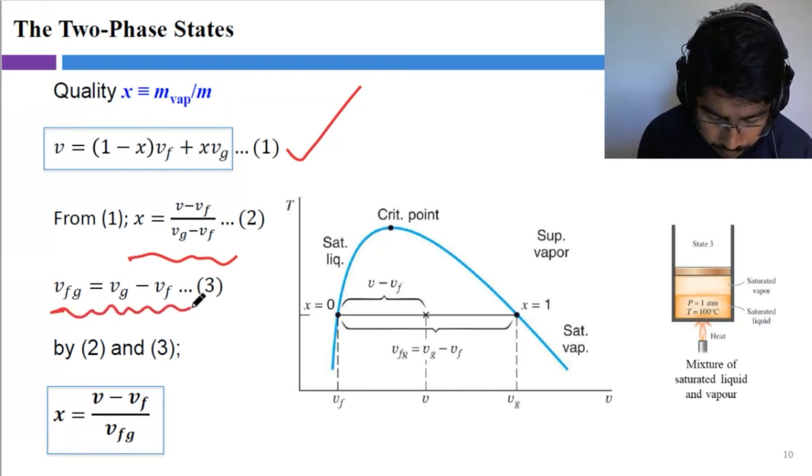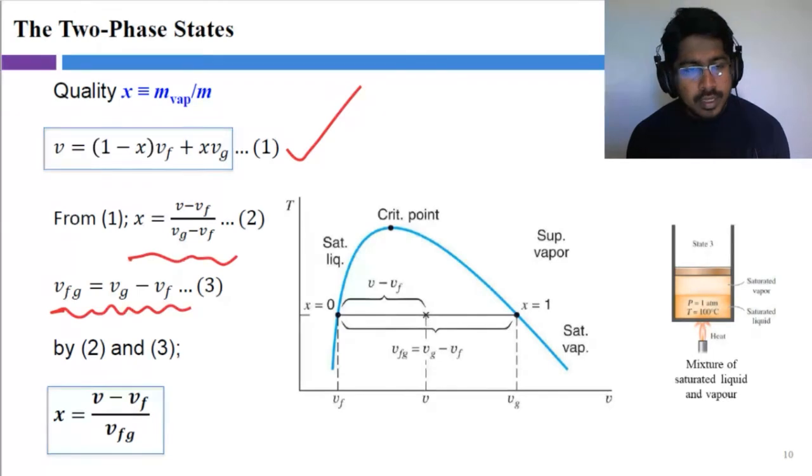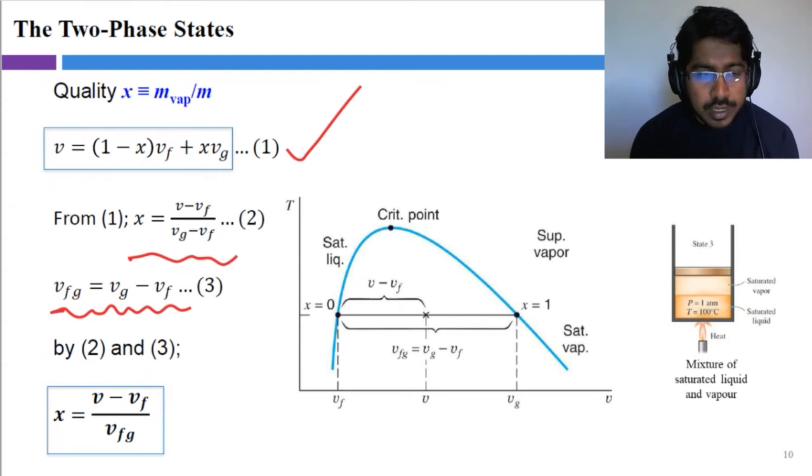And there's another parameter, not interesting, actually it's boring, but useful. It's vfg, which just gives a name to vg minus vf. Vg minus vf is equal to vfg. This number is given in the thermodynamic property tables. So in an exam situation, even though it's boring, it saves you one step.